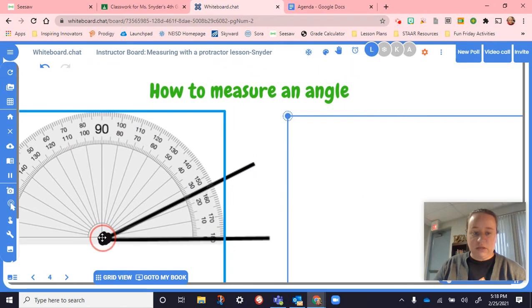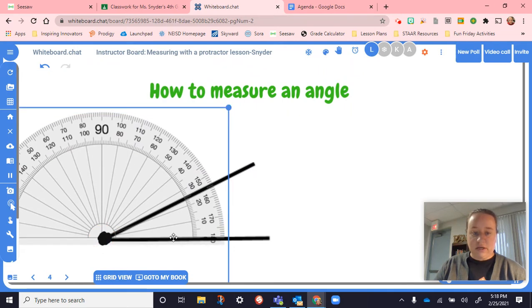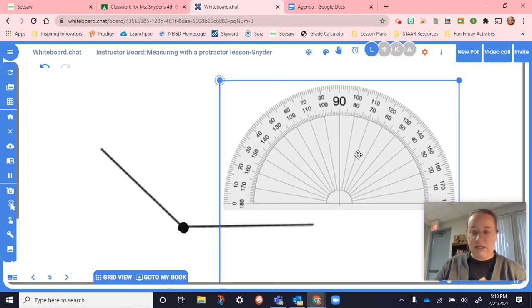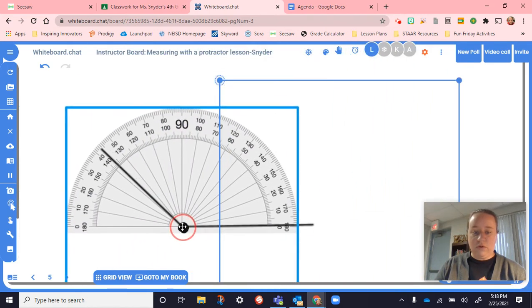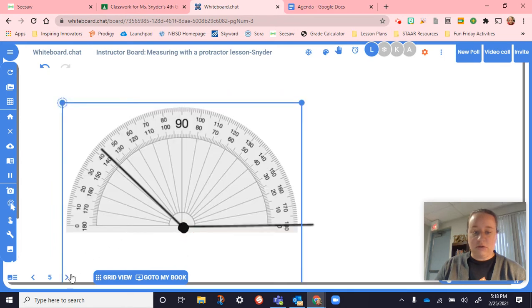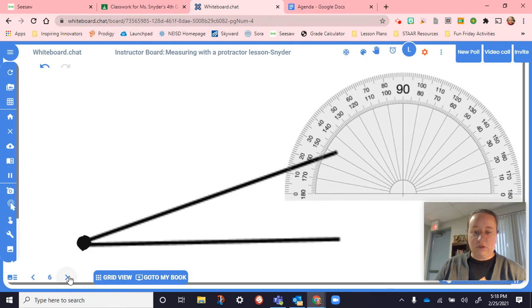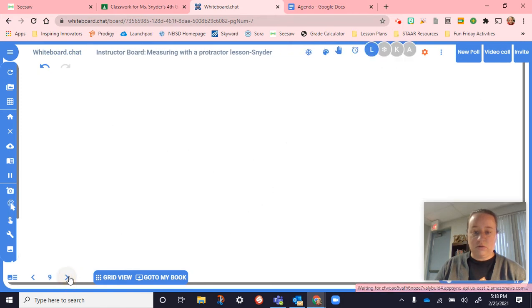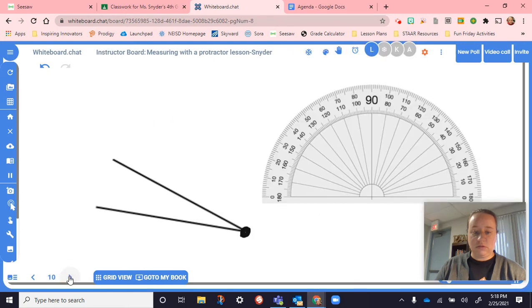We practice moving over and talking about, okay, are we going to use the outer scale or the inner scale? This one would be the inner because this is where 0 is. So you can flip down here on the pages and you can click and you can move your protractors around. And then some of them you should find one where you would have to adjust.